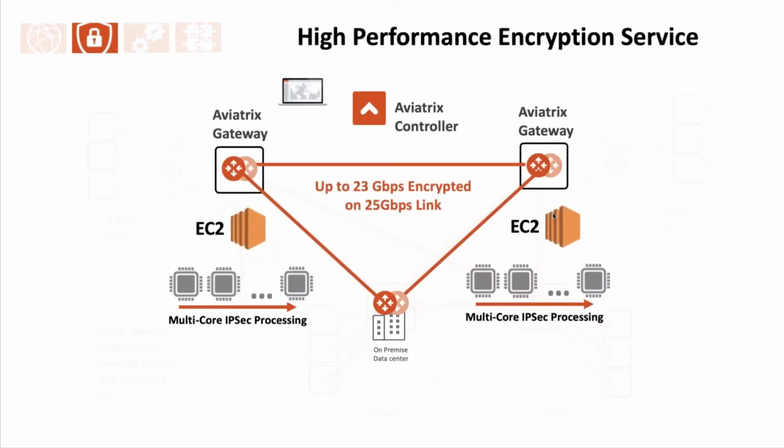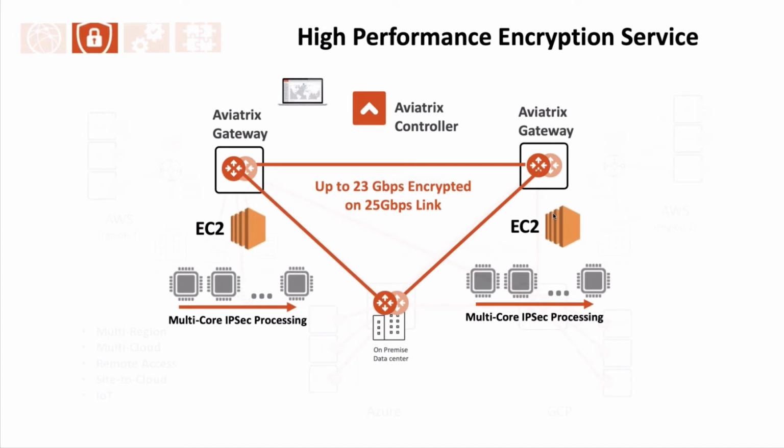And then another piece that may be interesting to some of you as you look at this whole holistic solution is we provide the ability to do high performance encryption. And we do this because in most cases, inside the clouds, you will get 1 gig because these services are taking advantage of only a single core on the instance.